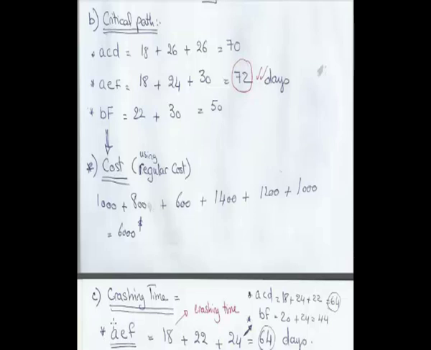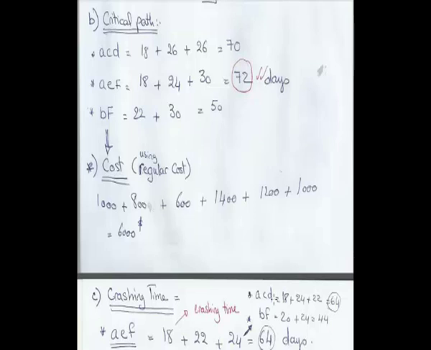Our critical path was AEF. The new critical timing equals 18 plus 22 plus 24 equals 64 days. In the regular time it was 18 plus 30 plus 24. You can see here that in the crashing, 30 has decreased to 22 and 30 has decreased to 24. So the 72 days has decreased to 64.